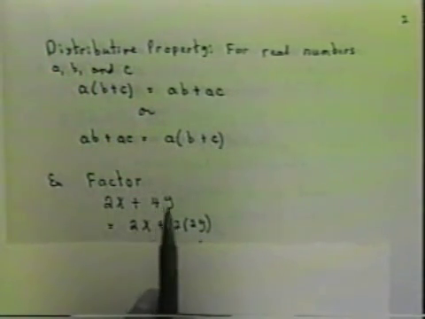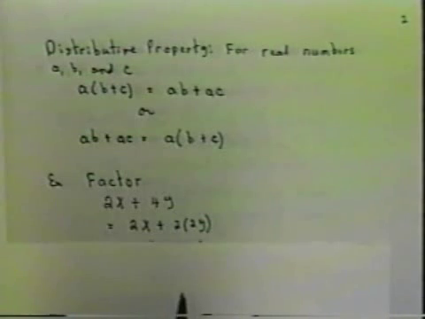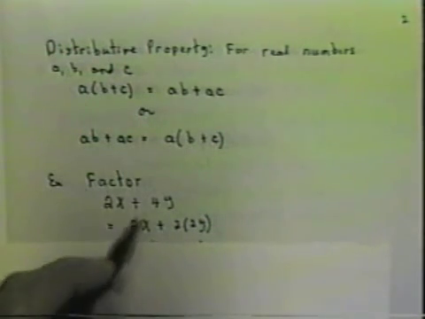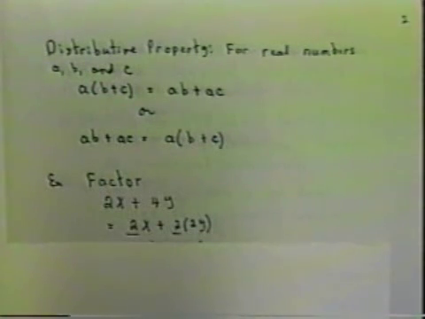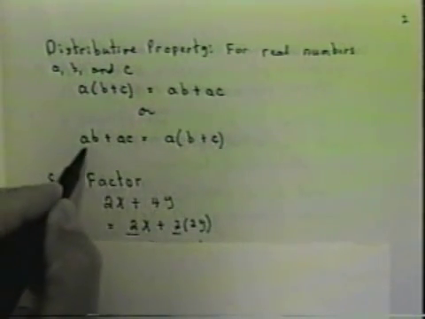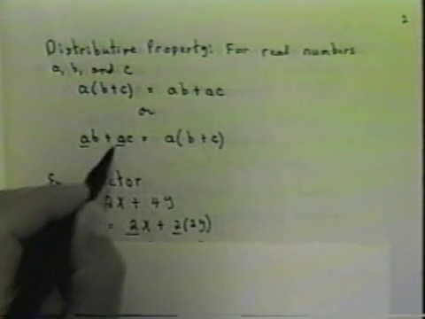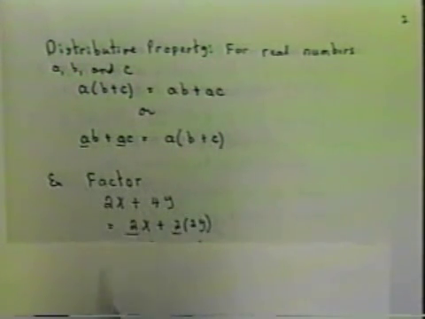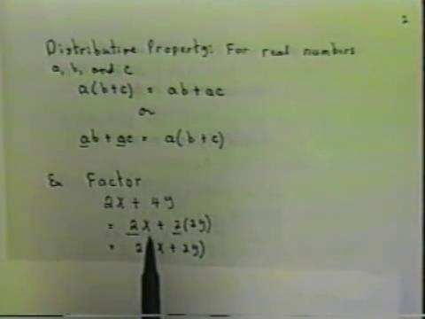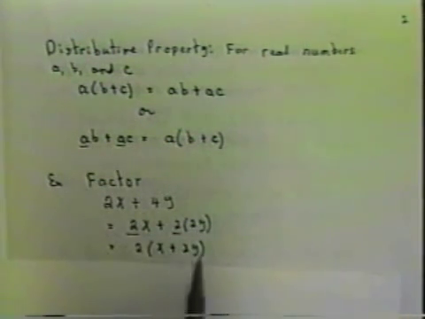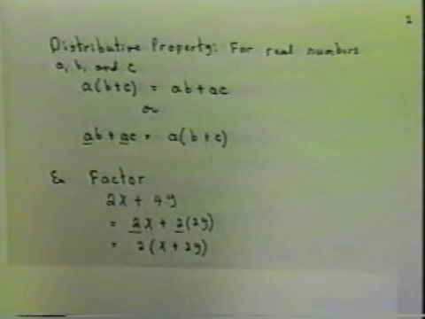In other words, I factored 4y into 2 times 2y. Now notice that both of them have the common factor of 2. Just like up here, both of these had the common factor of a. So I can take the 2 outside the parentheses by the distributive property. Now I'm left with x plus the 2y inside the parentheses.